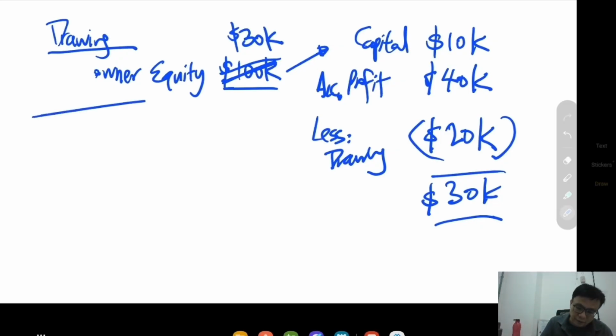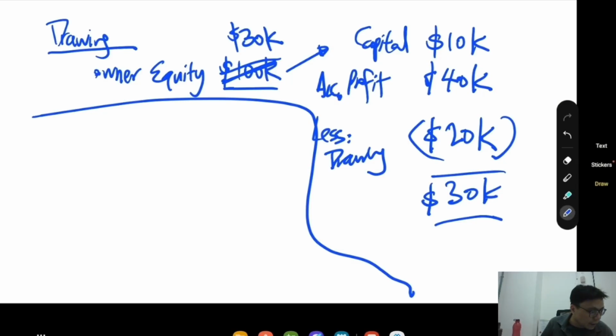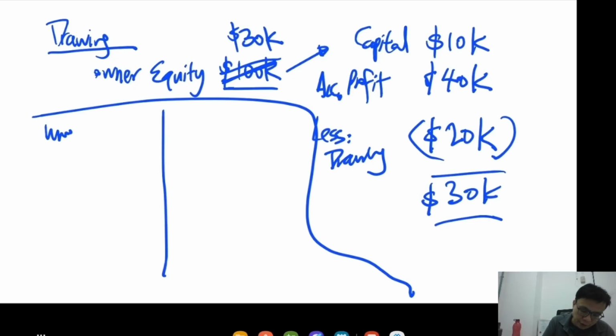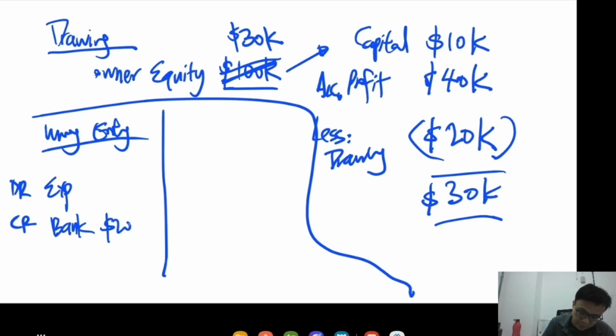So over here it says that the drawings are recorded as expenses. So instead of recording it as a drawing, what happened is the wrong entry, perhaps the accountant debits expenses and then credits bank 20k.